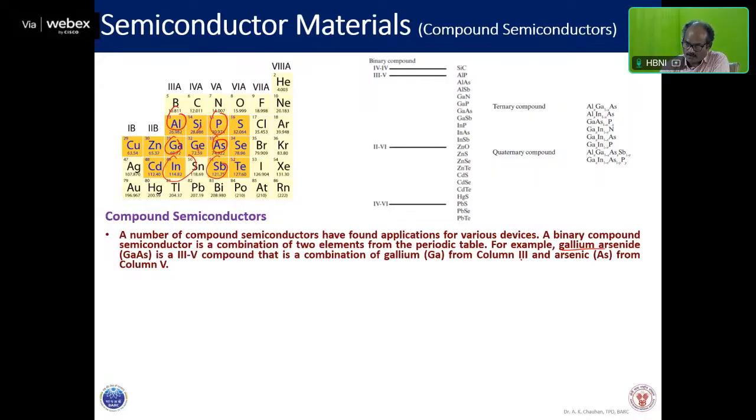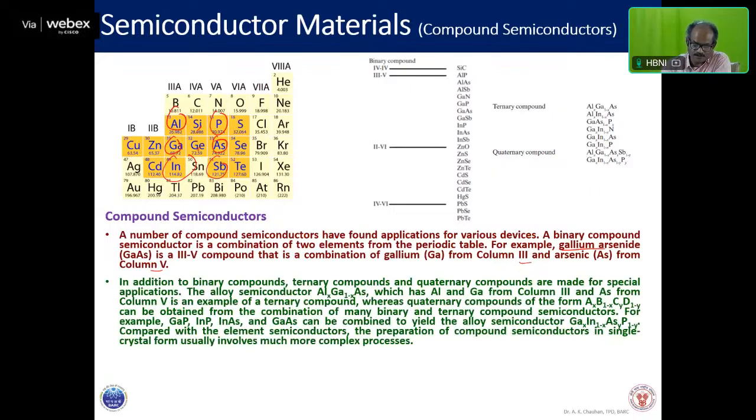So you have elements from column 3 and column 5. Similarly, you can use columns 2 and 6 also, like zinc selenide. This can also behave as a binary semiconductor. Another binary compound is from columns 4 and 4, which is silicon carbide.